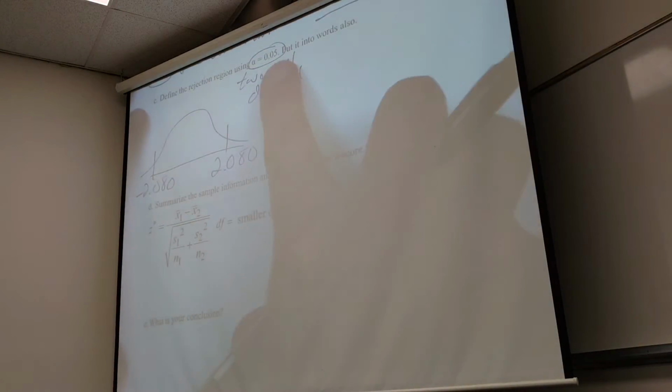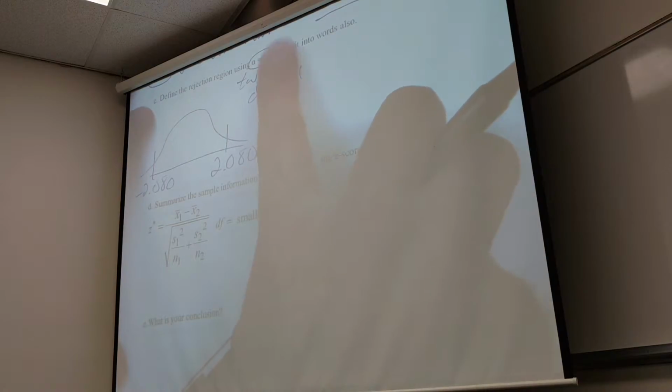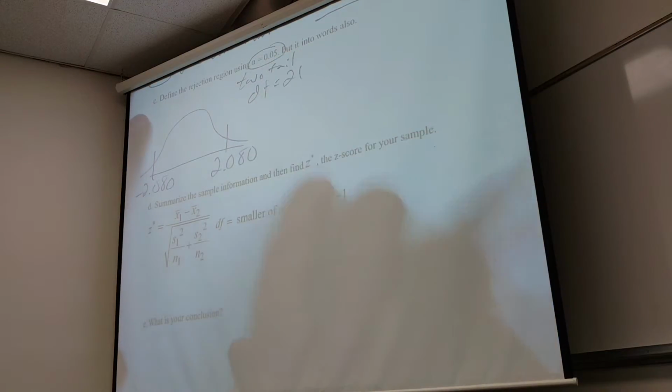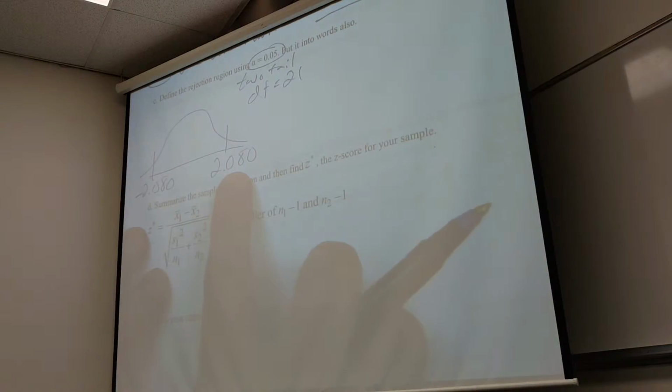What would it be if it was a z-score situation? Somebody just know what that would be? Two tails, 5%, so that means 95% on the inside. Does anybody know what that is? 1.96. I like it. Isn't this just a little bit bigger than that? So that's a quick check to make sure that I got the right one. It should be a little bigger than what the z-score would have been.